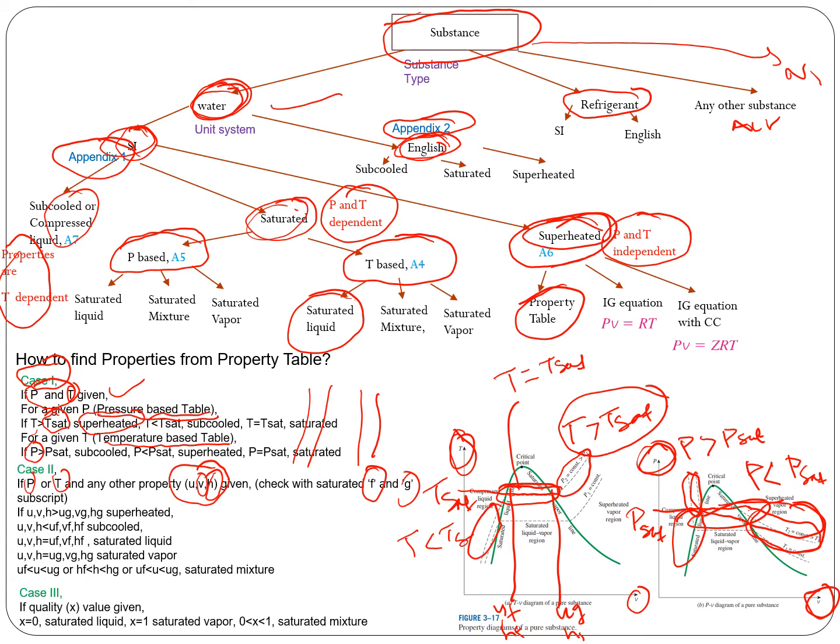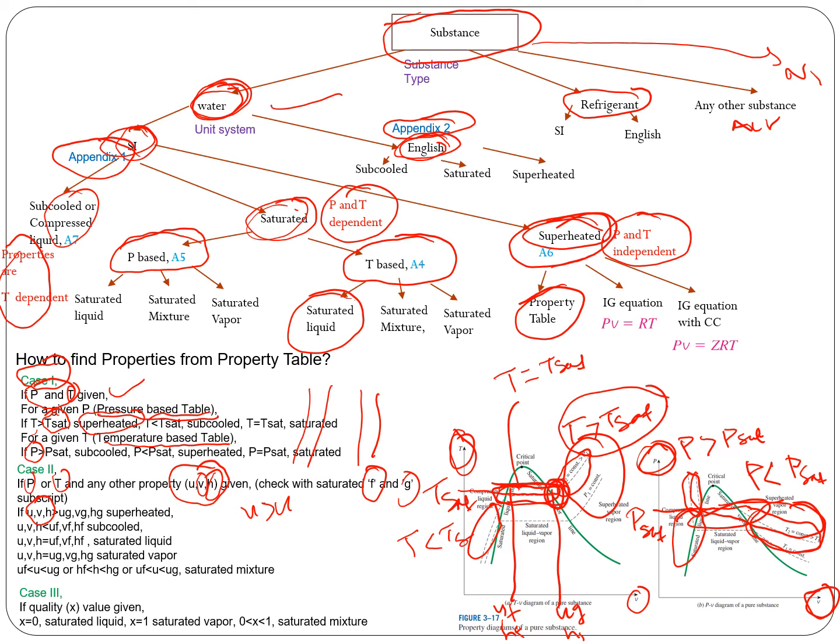See, we are always trying to compare with the saturated region value. So if it is superheated, at a given pressure or temperature, again, you need to look at the saturated table and see if the values given, either specific internal energy, specific volume, or enthalpy, in this region are always greater than UG.